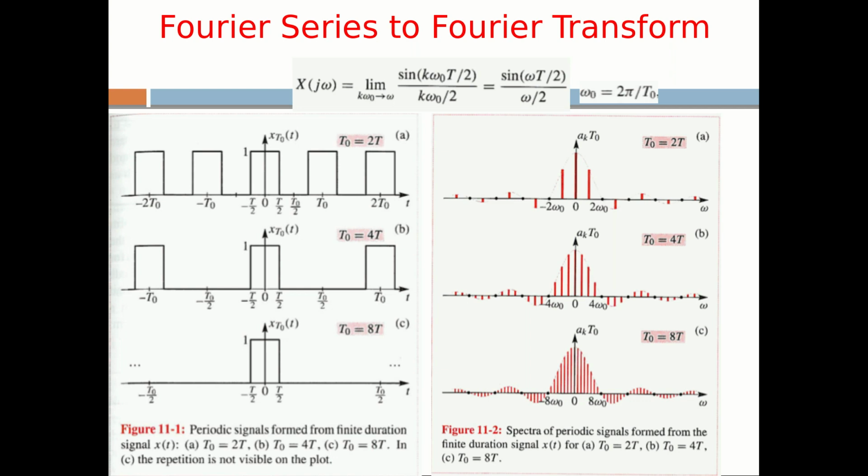Thus, as the time period of the input wave keeps increasing, the Fourier coefficients keep coming closer and appear to be continuous. Having a very large or infinite time period means the signal behaves as if it's an aperiodic signal, and CTFS converges to CTFT.